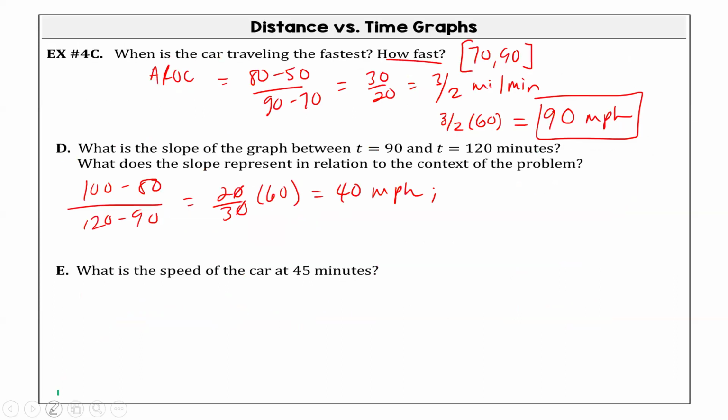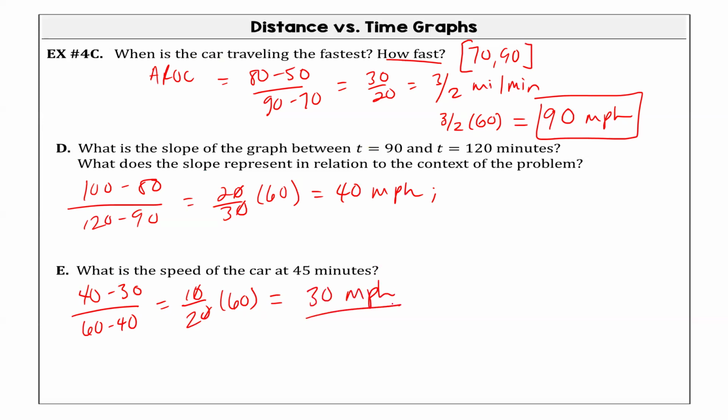So now I'm going to calculate. So we have 40 minus 30 over 60 minus 40. And that's going to be my average rate of change, which gives me 10 over 20, which is just 1/2. So I'm going to multiply this by 60. Why am I multiplying it by 60? 60 minutes in an hour. So I convert. How fast was I driving at 45 minutes? 30 miles per hour.